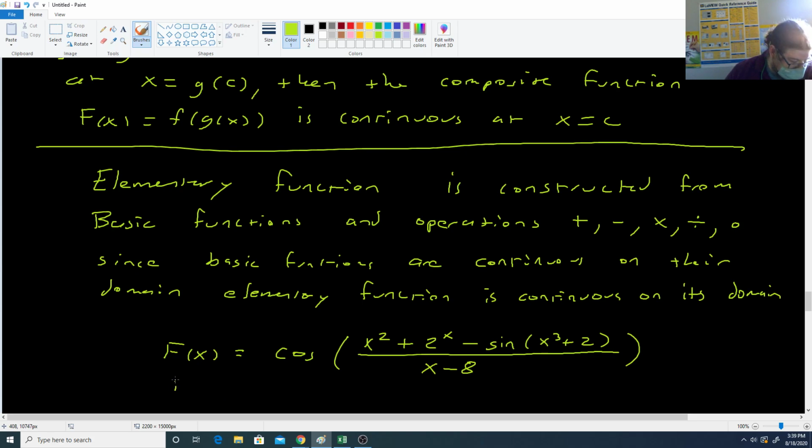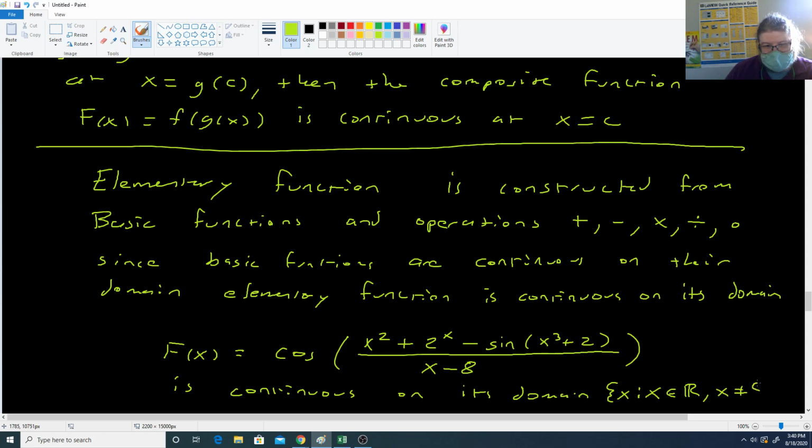This is continuous on its domain, which would be the set of all x such that x is a real number and x is not equal to 8. So basically, if you recognize something is formed from these operations of basic functions, that tells you some information about where it might be continuous, and that's based on the basic functions themselves being continuous.